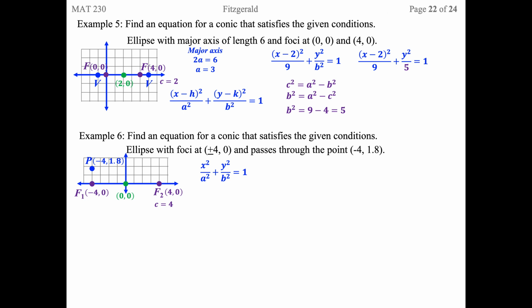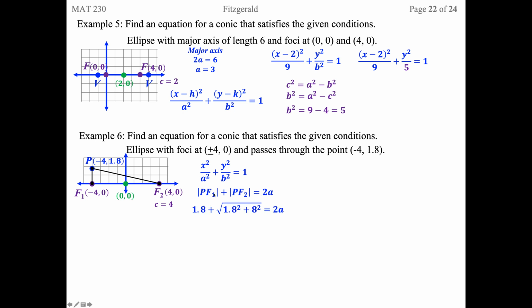Whoa, I've got to go find a squared and b squared. Oh, that's right. Remember I said that the distance of that constant sum is the same as the length of the major axis, 2a. So let's add these distances together here. P to F1 and P to F2 has to equal 2a.